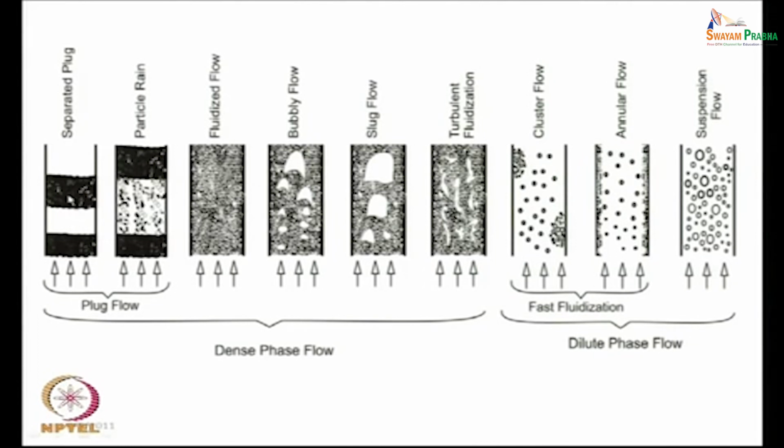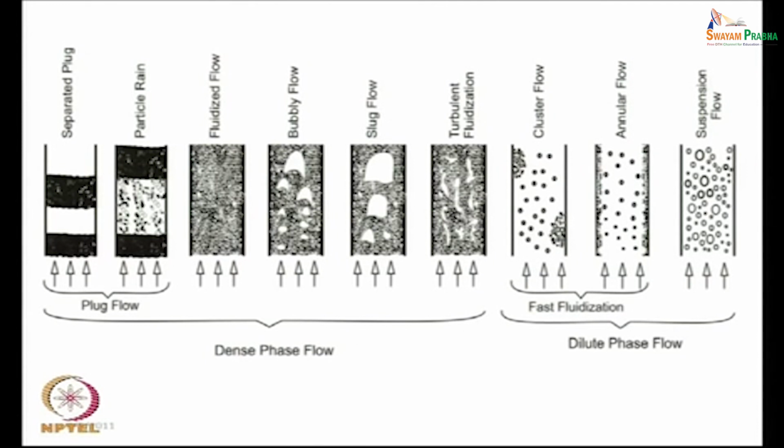Here there are particles which are accumulated as plugs and they are separated by these air gaps. And sometimes these particles fall from one plug to the next and then it forms something like particle rain. This occurs when the cohesion force between the particles is smaller than the particle weight. Under this condition we get this. And the worst scenario for designers of pneumatic conveying is blockage.